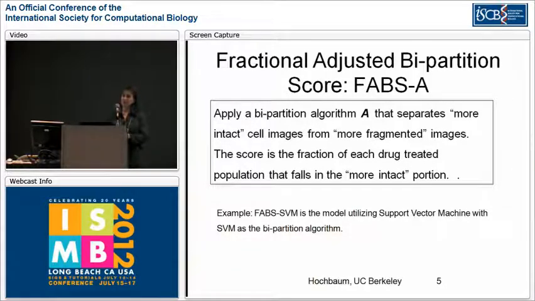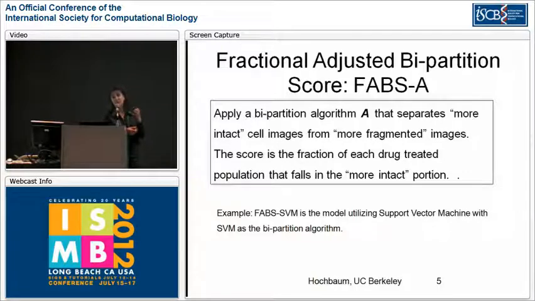But first, the issue here of ranking is not exactly a bipartition. The main idea of this fractional adjusted bipartition score is to convert information that comes from bipartition into scalar scores. So the prototype approach is to apply a bipartition algorithm, let's call it A, that separates the more intact cells.